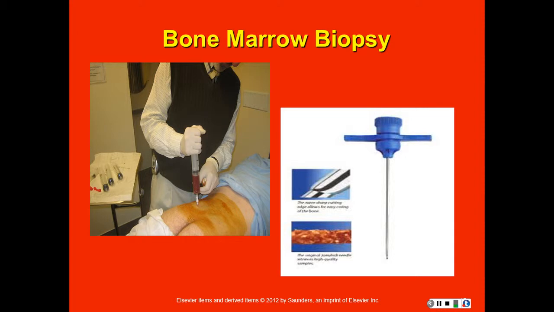It is done with a force and a screwing type pressure to get into that bone. So your patient will feel that. If you give them enough Versed, they don't really care that much about it, but they do feel it. They may also feel a crunching type pressure.